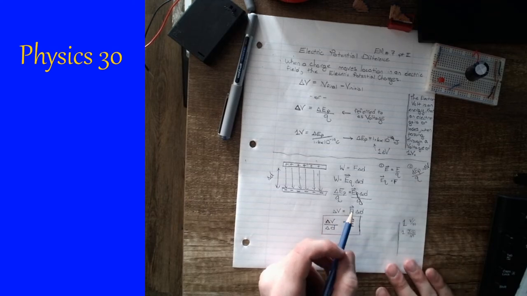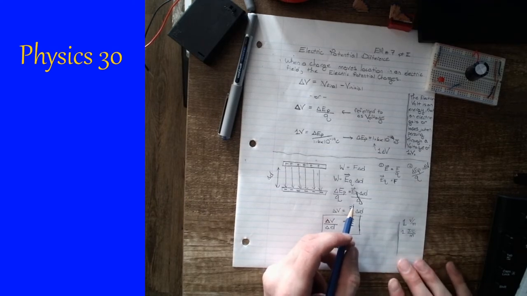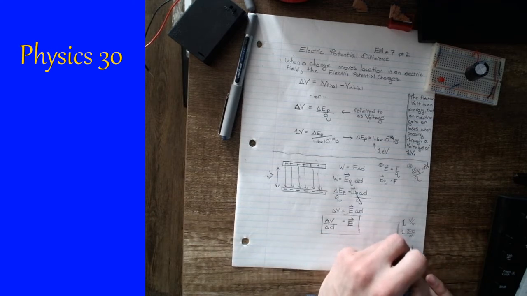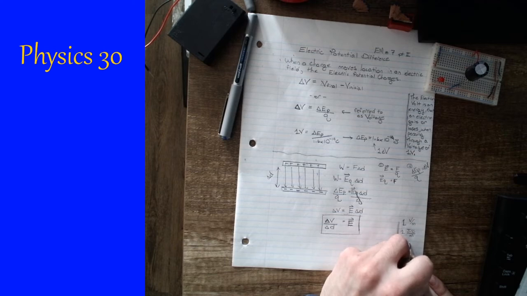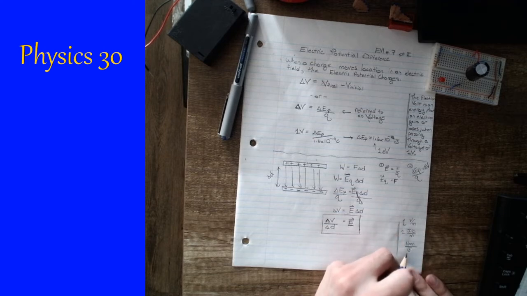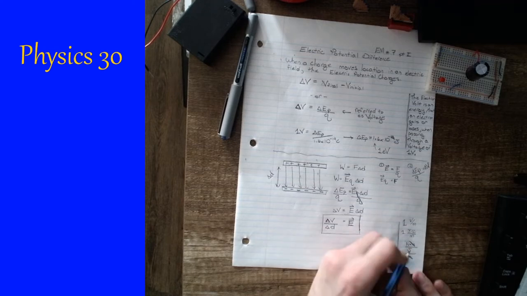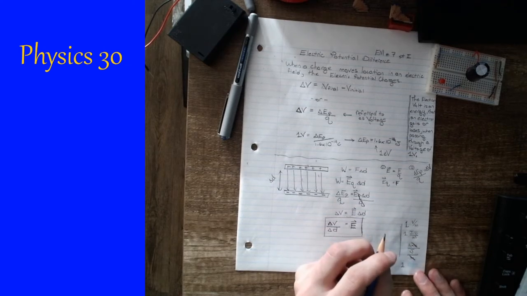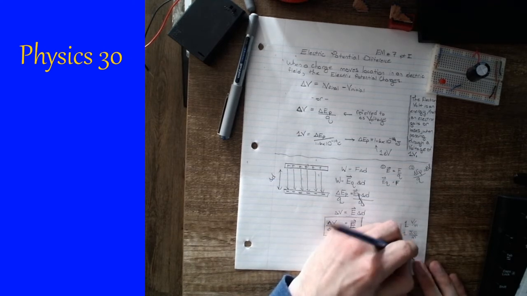So then we can also make the jump that a joule is a Newton multiplied by a meter. So a volt per meter is a joule per coulomb over meters. Now I've got meters on top, meters on the bottom, so I can cancel this, and I can end up with 1 Newton per coulomb.